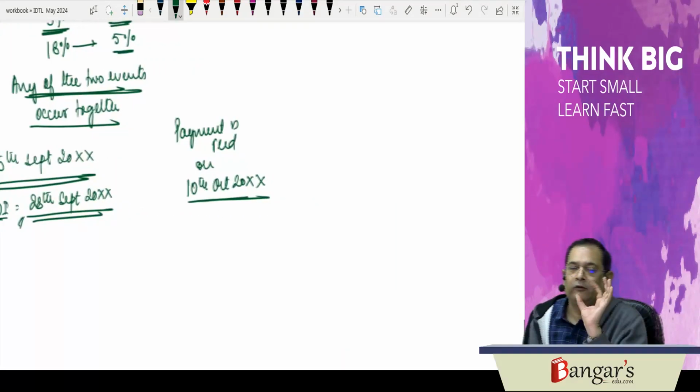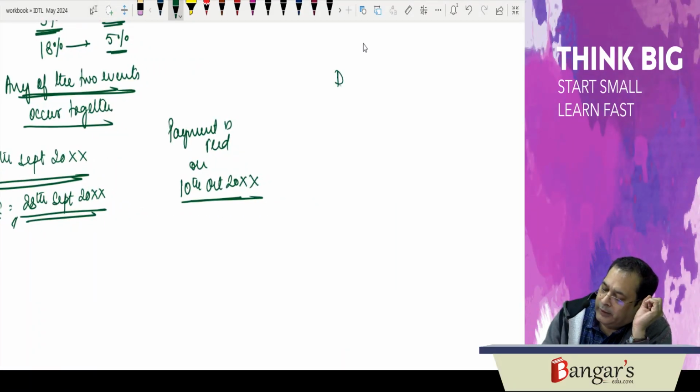And what is basically date of payment? Understand. What is normal date of payment?